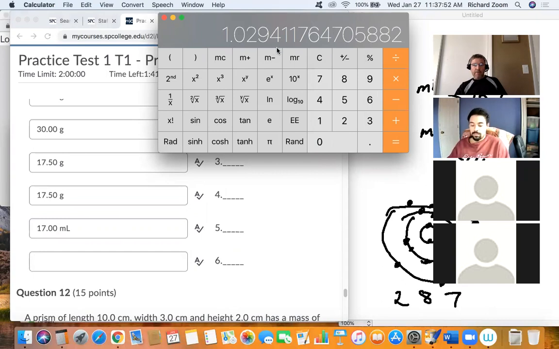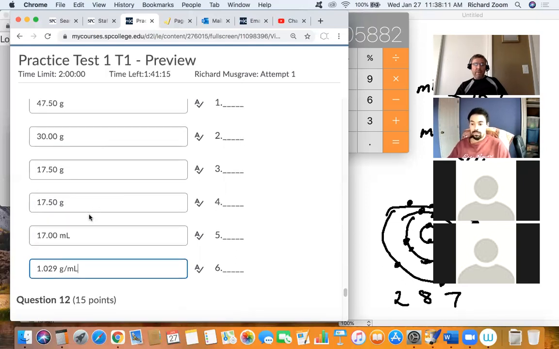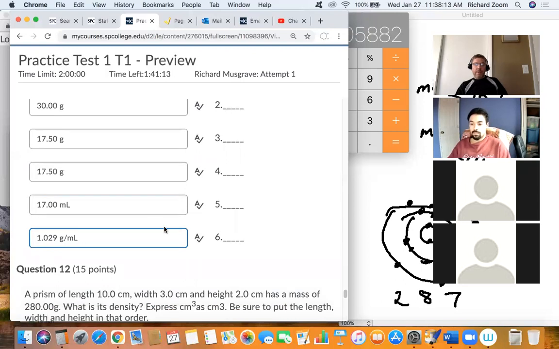We get 1.029, so that should be the answer. That's going to have 4 significant figures. That's 1.029 grams per mil. So it's going to be decided by the significant figures that we get here. This is a mixing operations type situation. Does anybody have any questions?